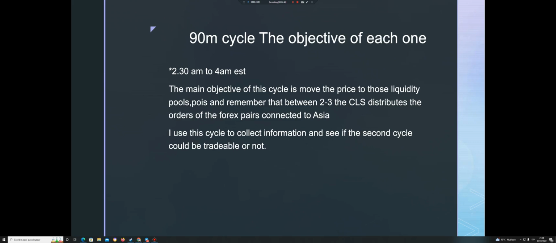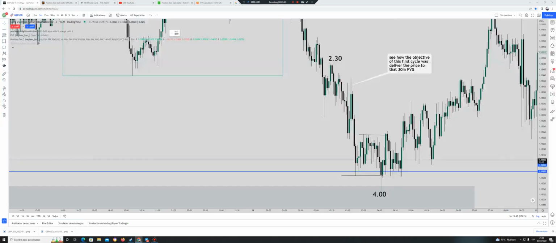Imagine it takes Asia high, and after that it starts going down, creating the high of the day. Like I said, I use this cycle mostly to collect information and see if the second cycle could be tradable. Why? I'm going to show you now.